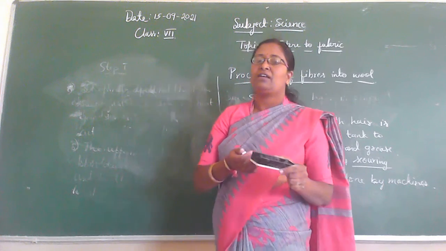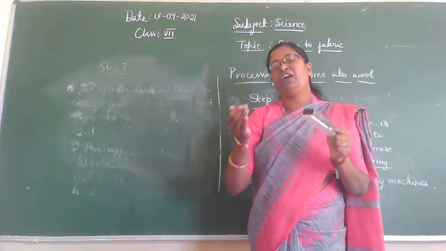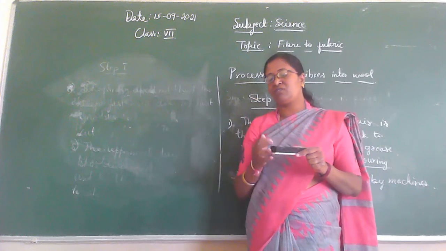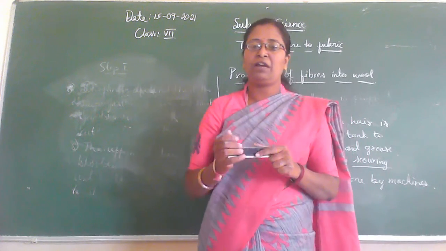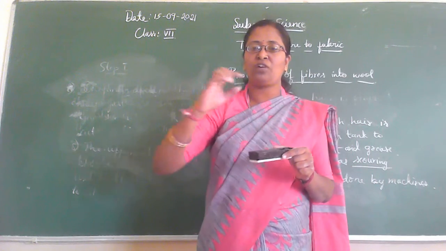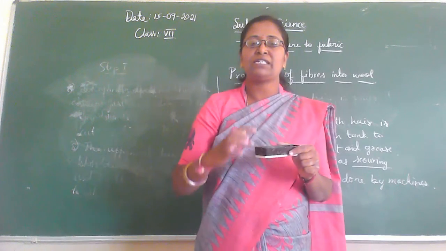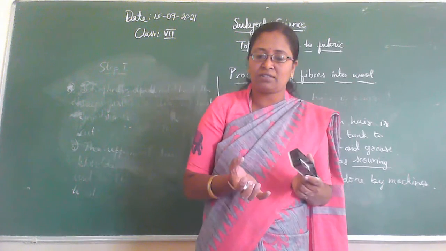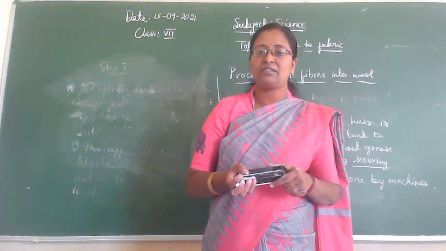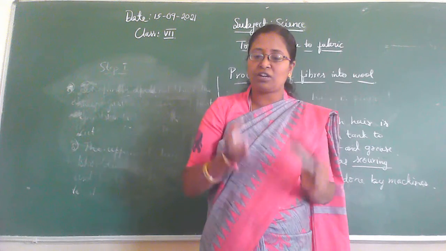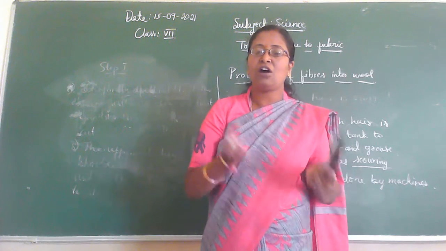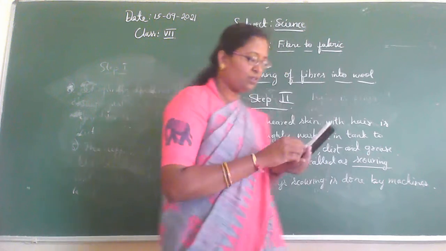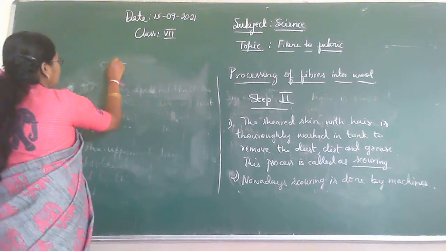Textures means the hair, some fibers of the sheep may be coarse, some are soft, some are shiny or lustrous. So based on this, they are separated or sorted. So step 3.